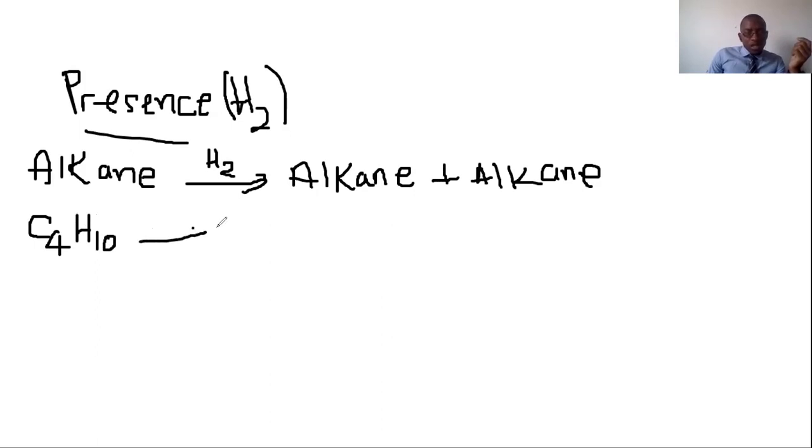When butane undergoes cracking in the presence of hydrogen, let's take it that we get an alkane of C2H6, which is ethane.